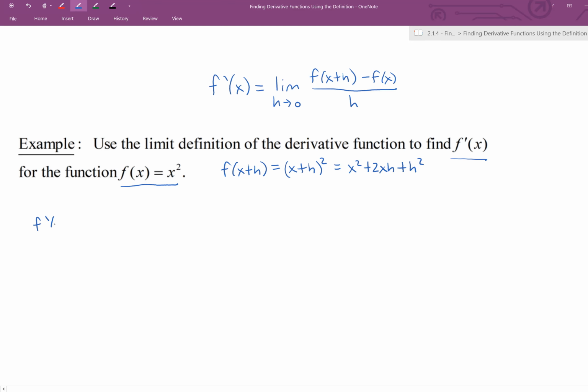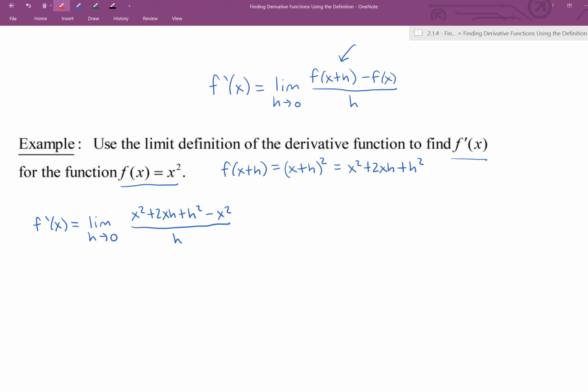So f prime of x is going to be the limit as h goes to 0 of, remember, f of x plus h, which we just found was x squared plus 2xh plus h squared, minus the function x squared, because that's f of x, all divided by h.